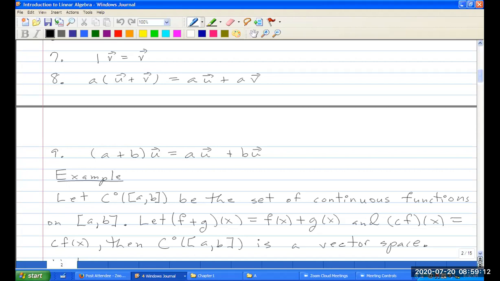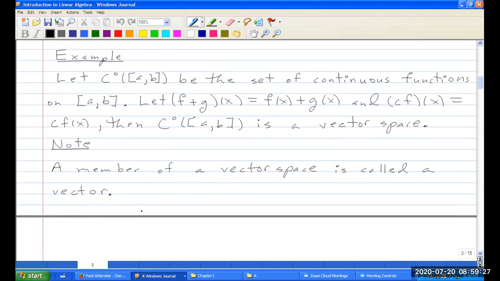Two, it makes them easier. And that's why we abstract. In this case, my vector space is a set of functions. So note, a member of a vector space is called a vector. In general, we do not denote vectors in this class with little arrows because this doesn't look like an arrow, so we're not going to put a little arrow above it.